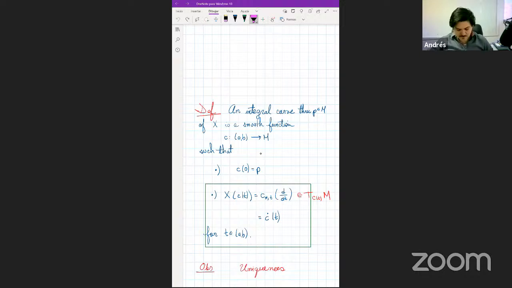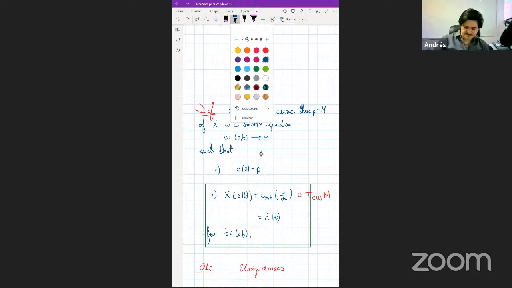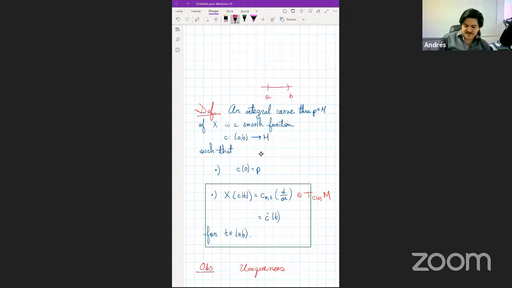Okay, and this is what I would like to stress in terms of this function. If I already know that I have that function, this is an interval, this is A, this is B. By the first condition, the interval (A, B) contains the 0.